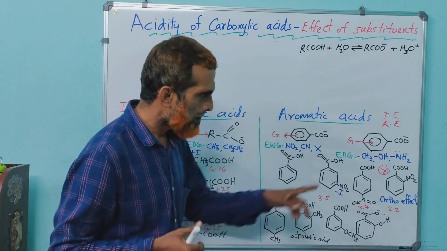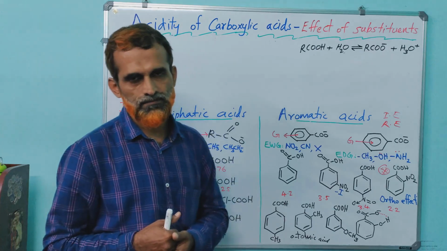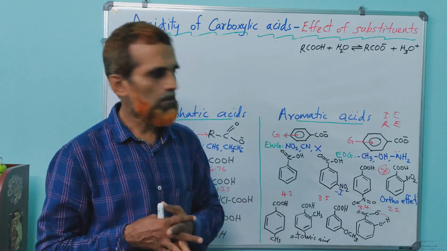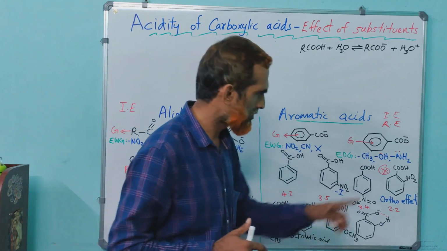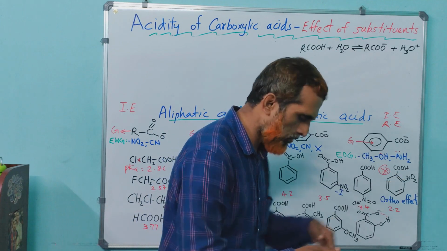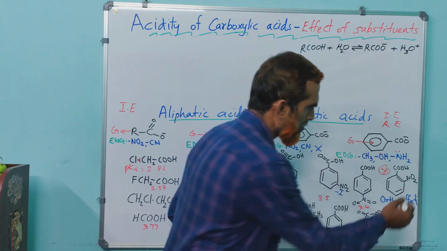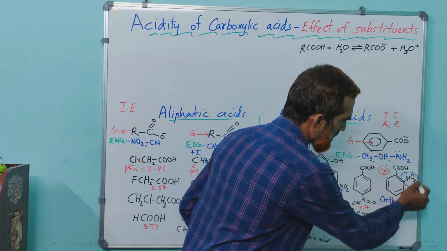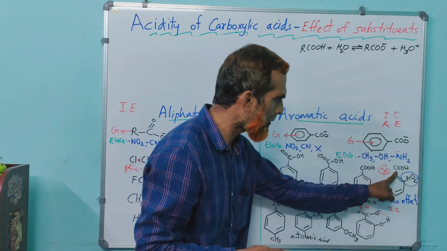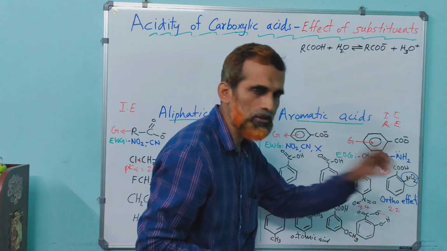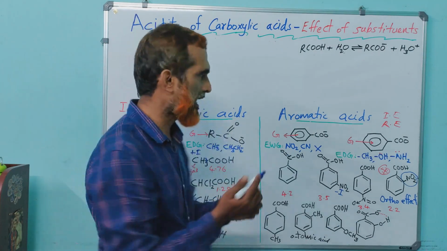Right? What is the reason? There are many interpretations. One possible thing is that it is the steric effect which matters here. When there is ortho substitution there is steric crowding. So what happens is that this COOH group remains out of plane.